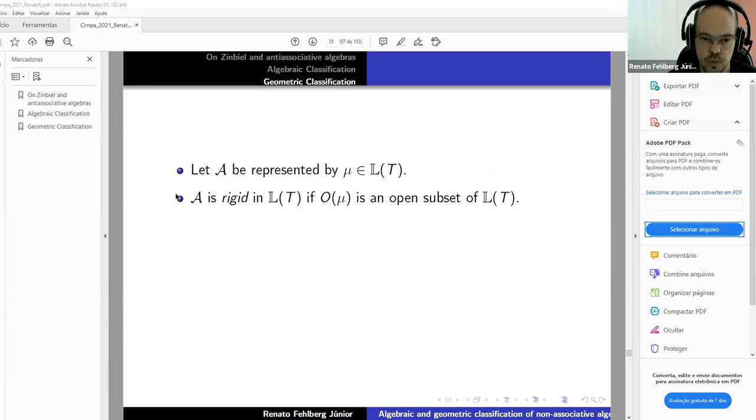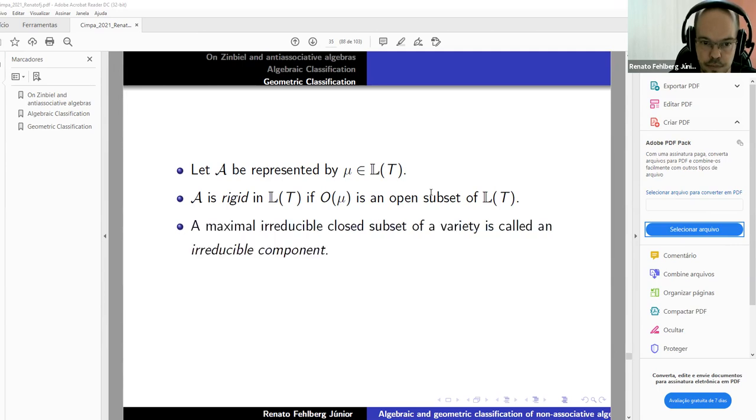Here we are also interested in finding rigid algebras. So we say that A is rigid in this set LT if this orbit is an open subset.